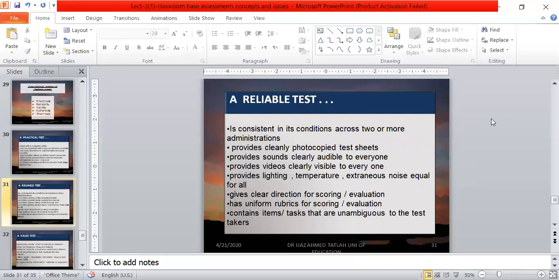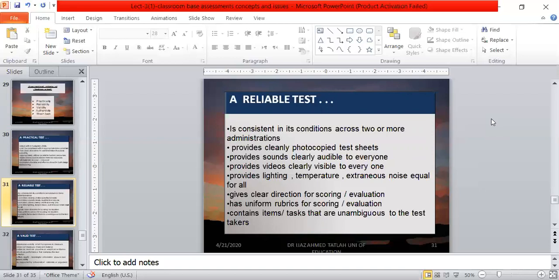It gives clear direction for scoring and evaluation and has uniform rubrics. That is why the scoring and evaluation component is equal for all.